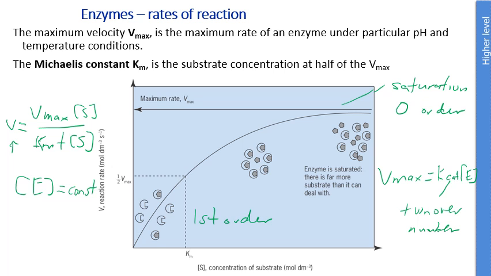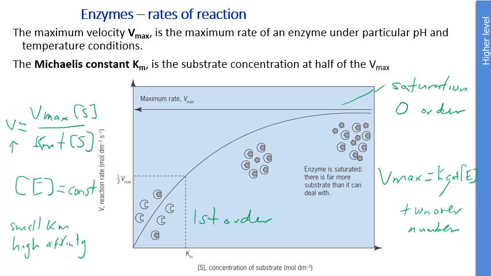A small Km indicates high affinity of the substrate for the enzyme, and a large Km, the opposite, obviously. At V equals 0.5 Vmax, half the enzyme active sites are bound to the substrate and the other half remain unoccupied.